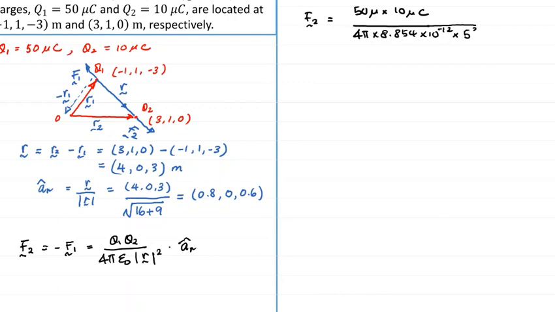So that will be 5 squared, times our unit vector 0.8, 0, 0.6. This will give us 0.144, 0, 0.108.